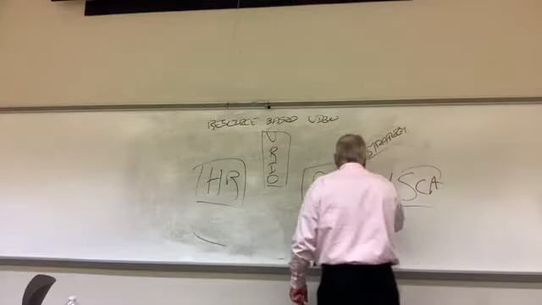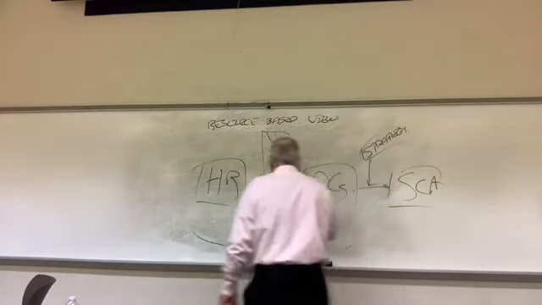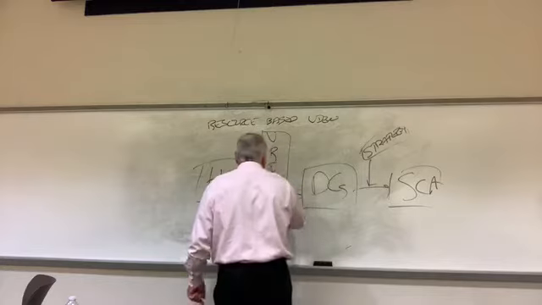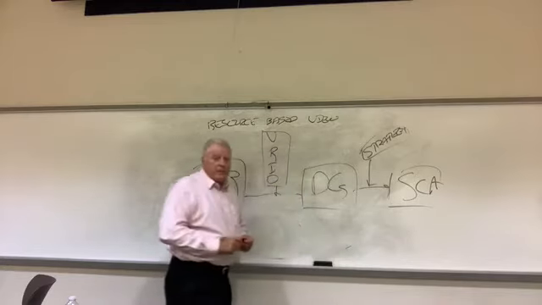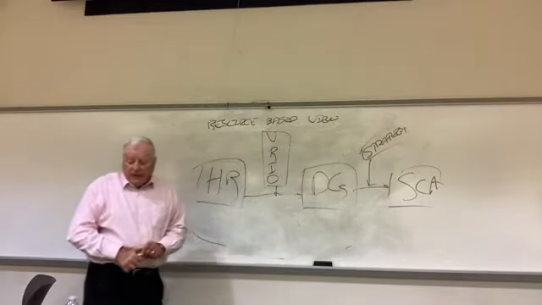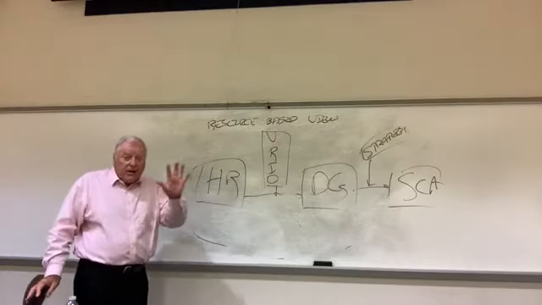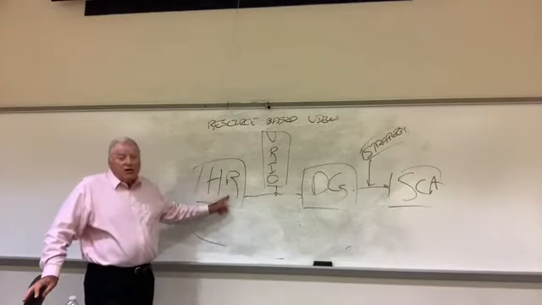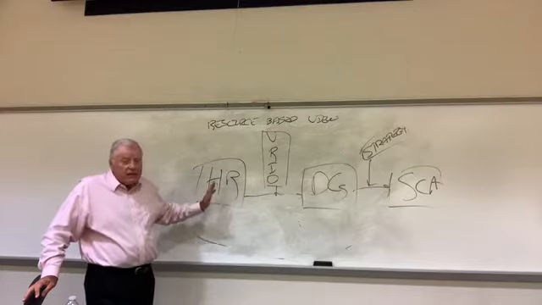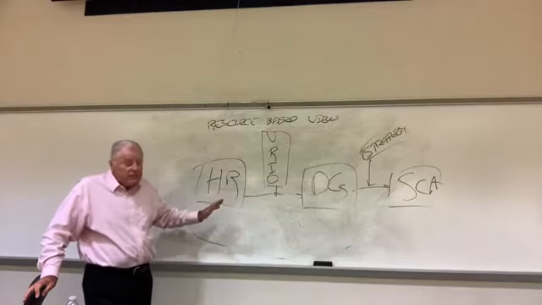All right. So, this theory essentially has 5 variables in it. The HR simply means heterogeneous resources. I'll come back and talk about each of these boxes in a moment.